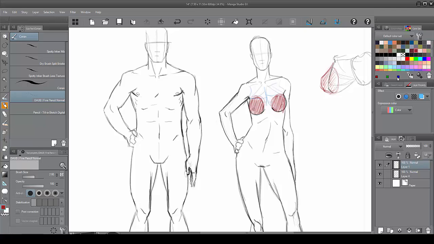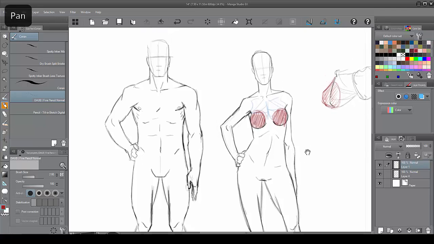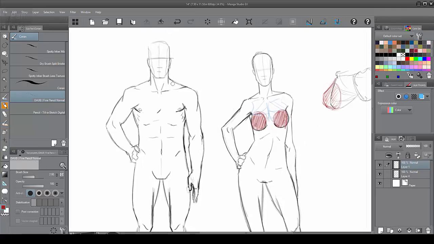So the next one I'm going to talk about is the trapezius, this muscle here. So the traps are generally, and I say generally, thinner this way on women. So this part is a bit thinner, and you see this part is a lot thicker. And I say generally because obviously all women have different body types.